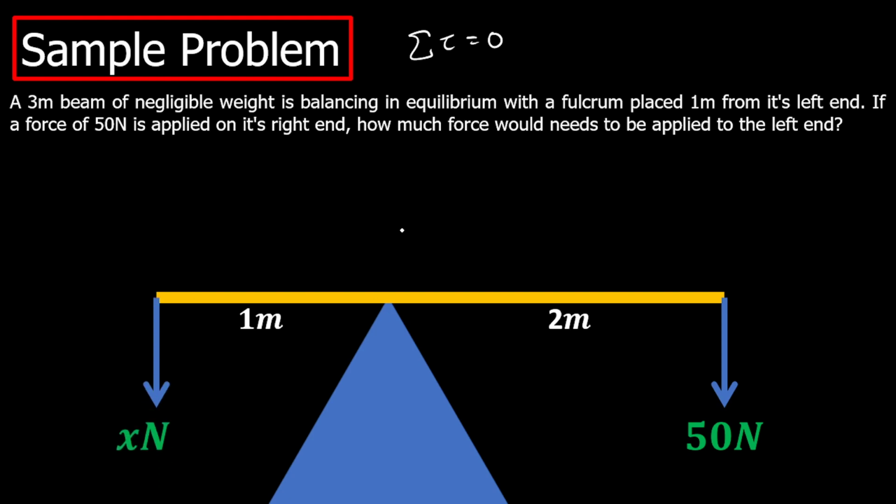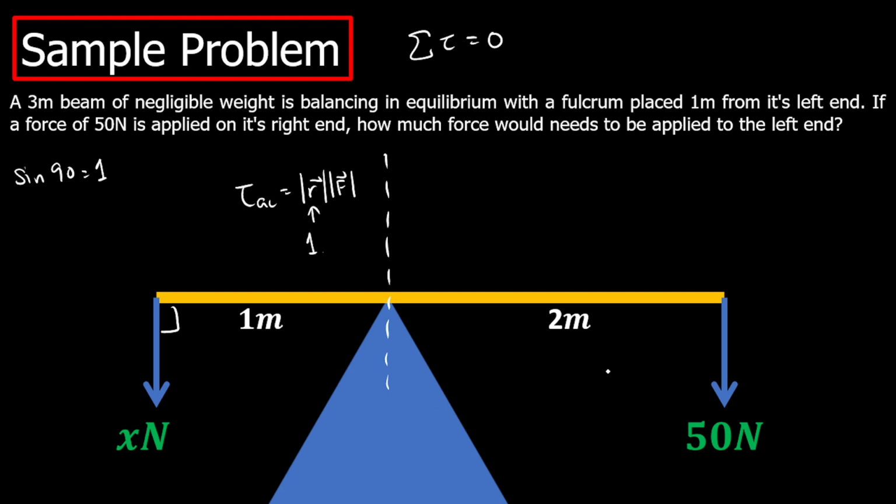If we split this in half, and we talk about this tau being anti-clockwise, that's going to be r cross F, and the angle between them is 90, so sine 90 is just 1. It's just the magnitude of r multiplied by the magnitude of F, where the magnitude of r is just 1.